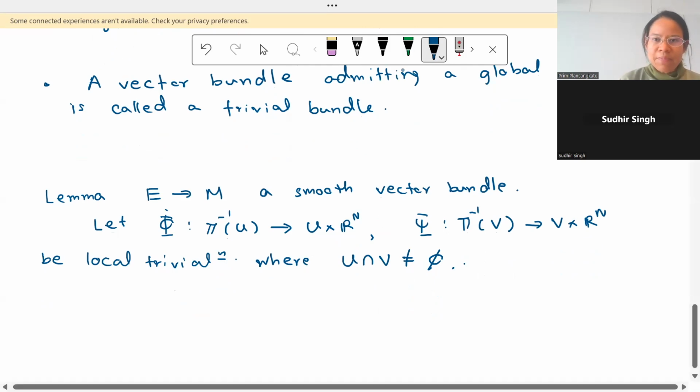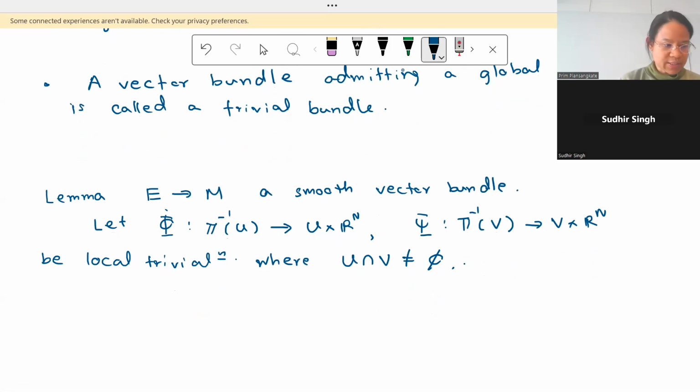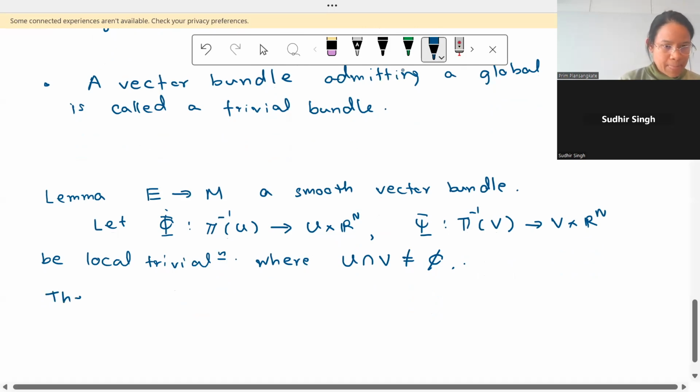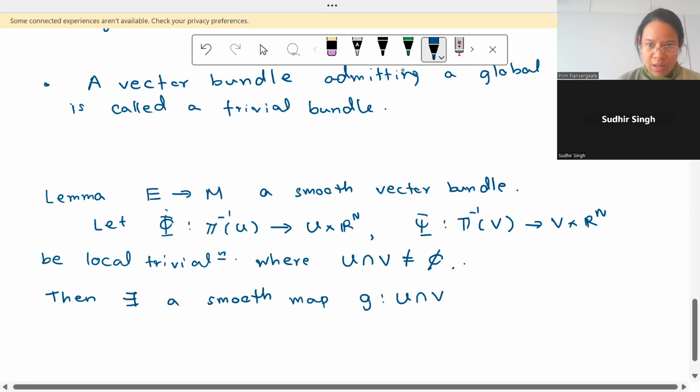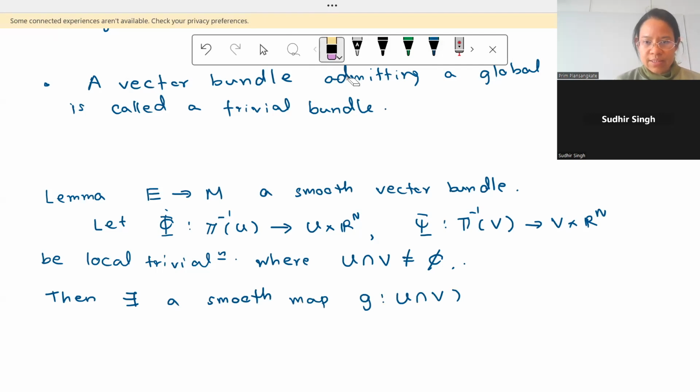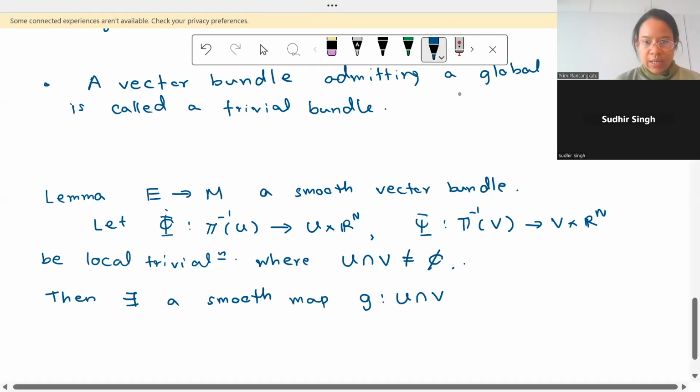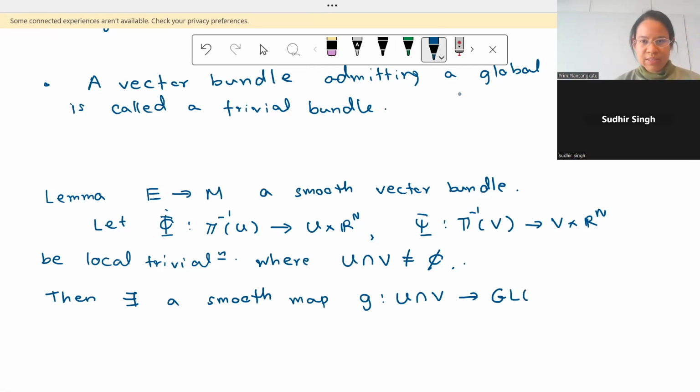Okay, this lemma says, then what is the relation between these two local trivializations? Then there exists a smooth map of G. It is a map from the domain, this overlapping region, and it maps a point in here to an invertible n by n matrix.